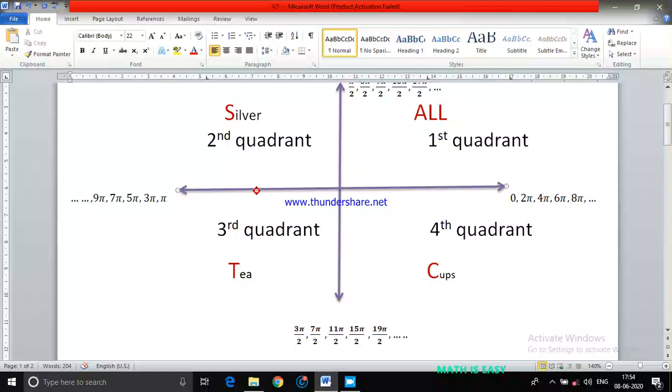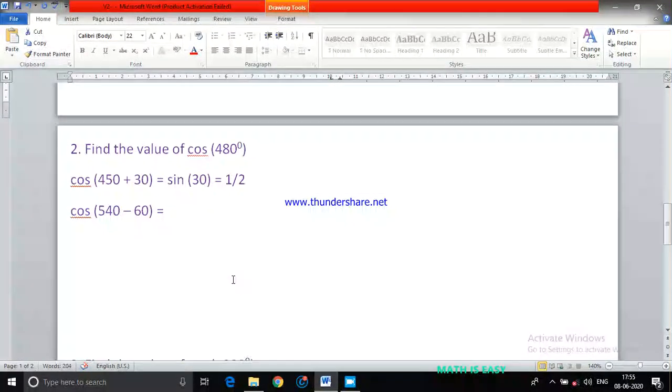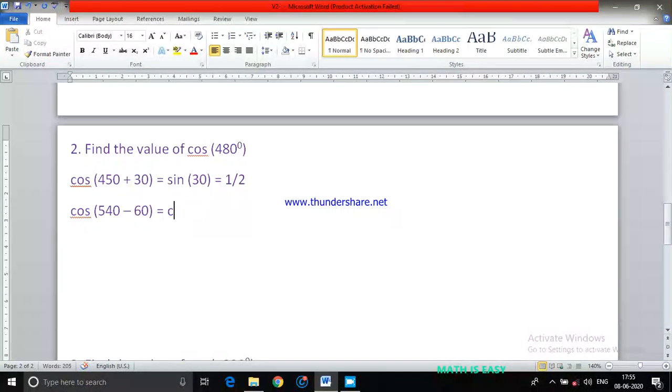Here you are touching the x-axis and going in the backward direction. So your cos remains cos, and you are lying in the second quadrant. In the second quadrant, cos is positive. Okay. It will remain cos 60 degrees, and cos 60 degrees is nothing but 1 by 2.